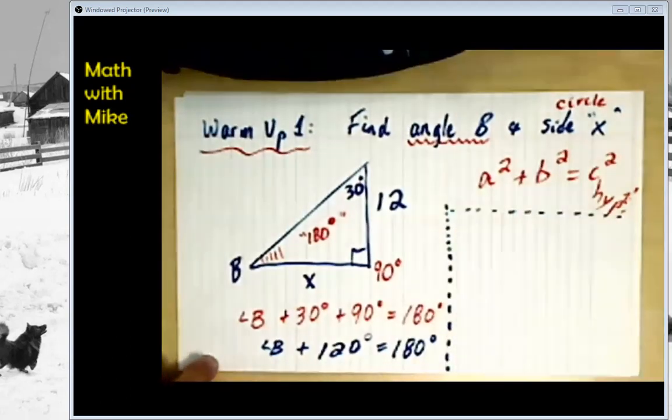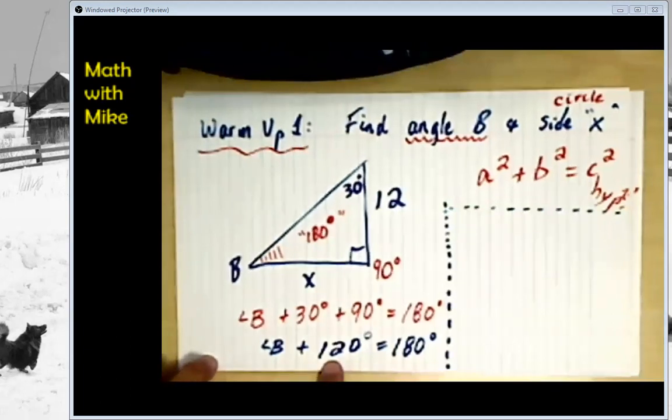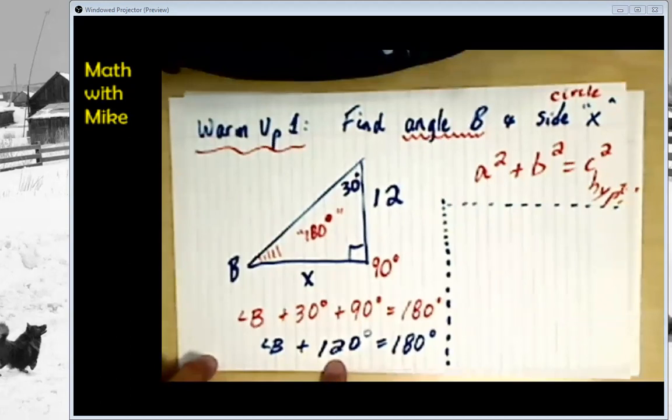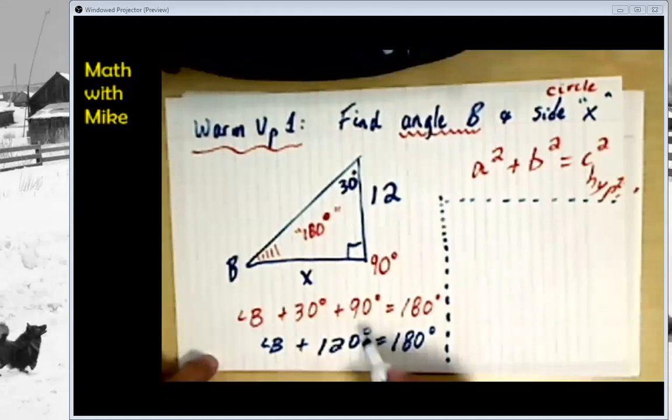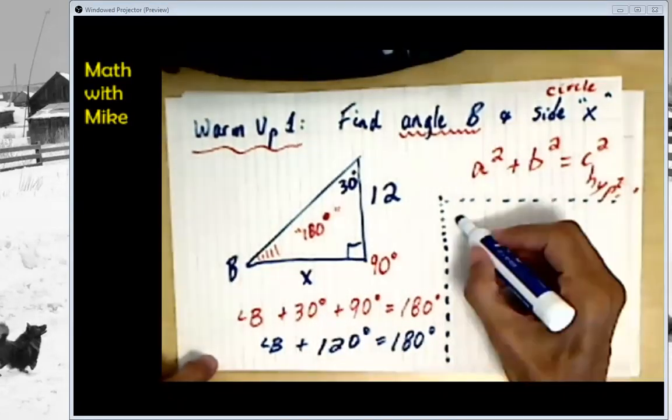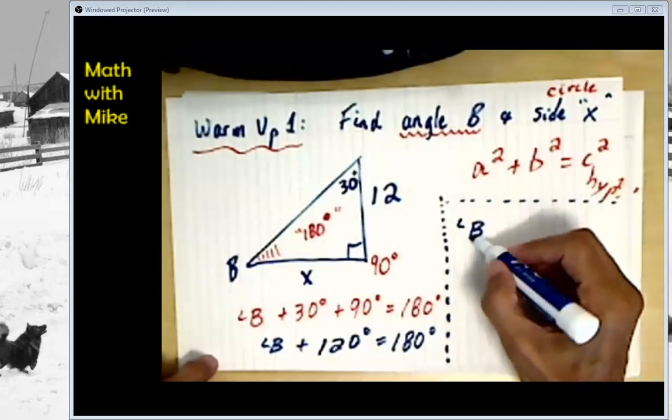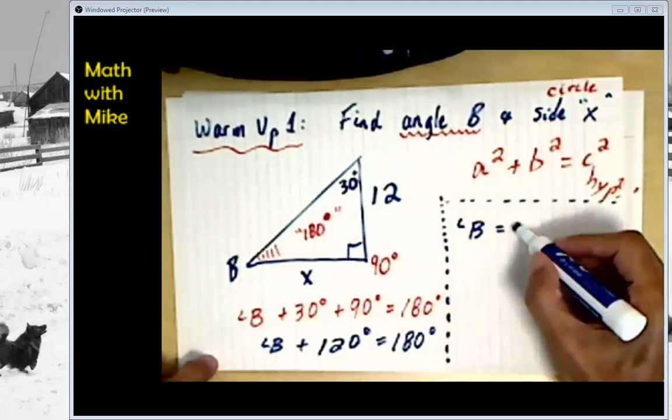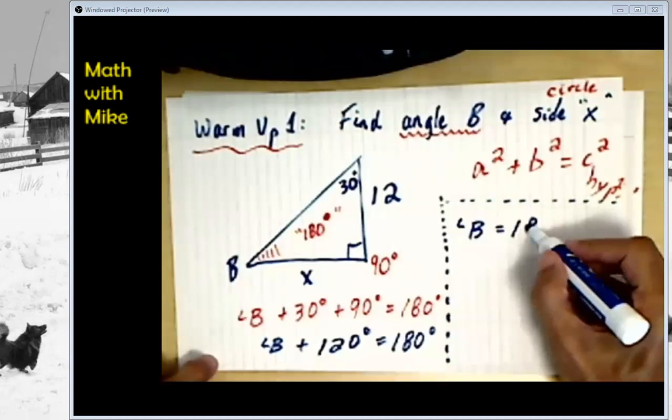Okay, now one number is way easier to manage. So we'll move the 120 over. What happens with the 120? Deanna, you know this. What happens with the 120?